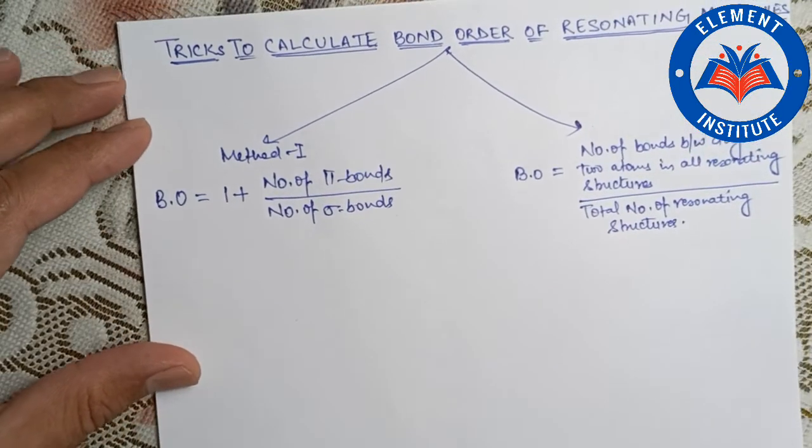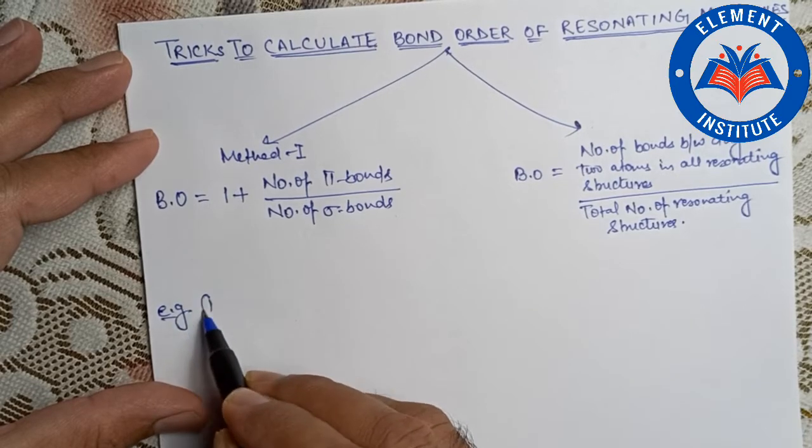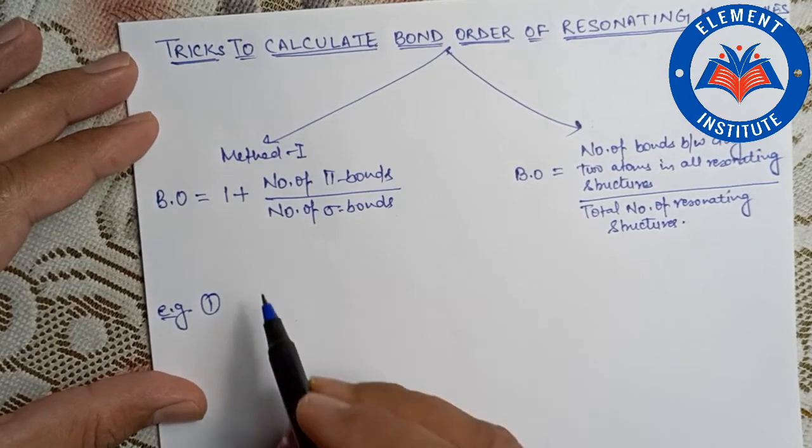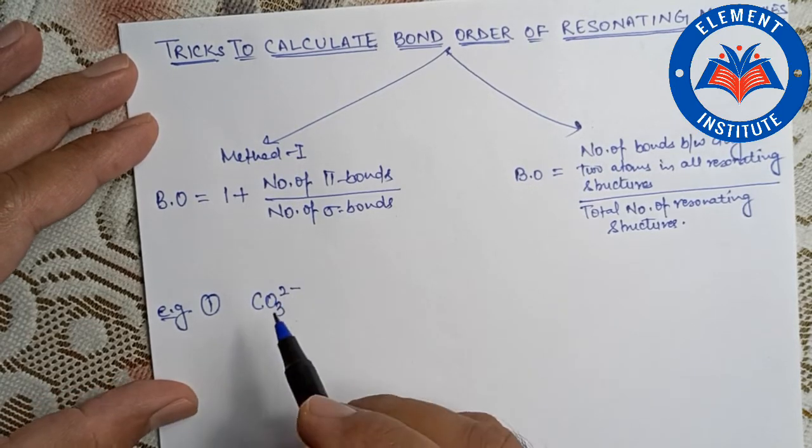Let us take some examples. The first example I am going to take here is the carbonate ion.